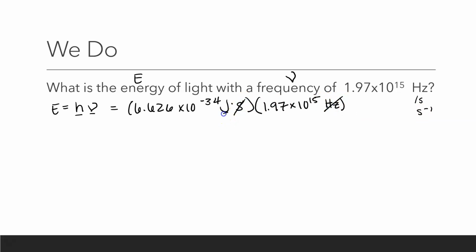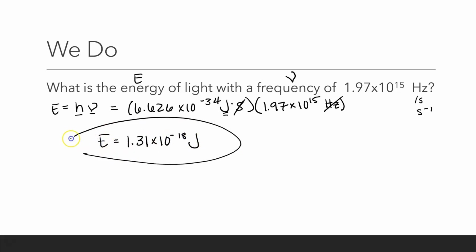Okay, and so we are left with energy of units of joules, which is for energy. Plugging this into our calculator, we end up with 1.31 times 10 to the negative 18 joules. And that is our energy for this wavelength with a frequency of 1.97 times 10 to the 15th power hertz.